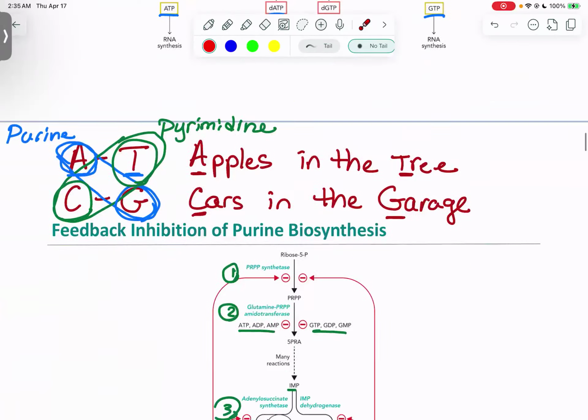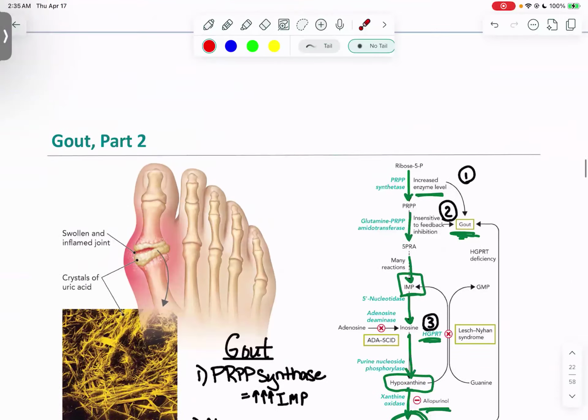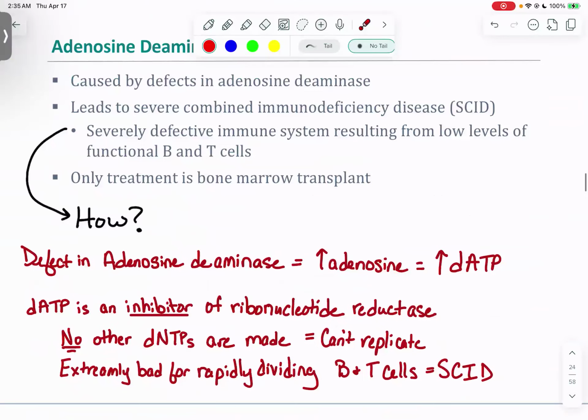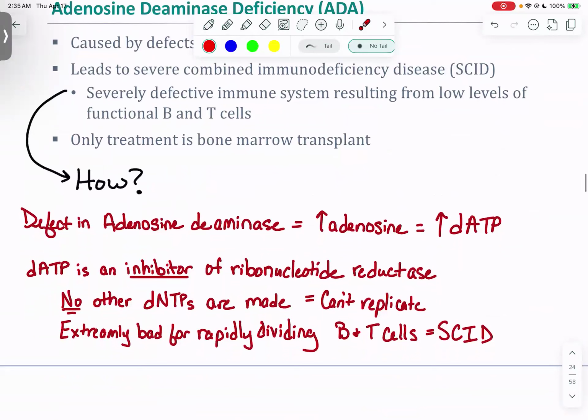So, come back. Sorry about all the scrolling. If we have a defect in the adenosine deaminase, and I make a ton of dATP, then I inhibit the ribonucleotide reductase. No other dNTPs are made. I can't make anything else for DNA.